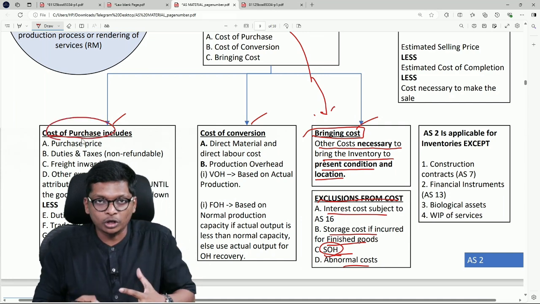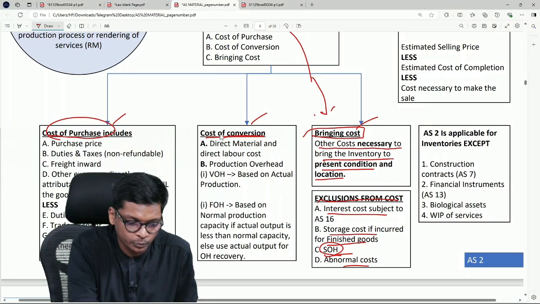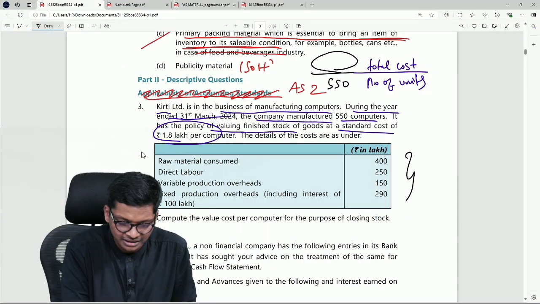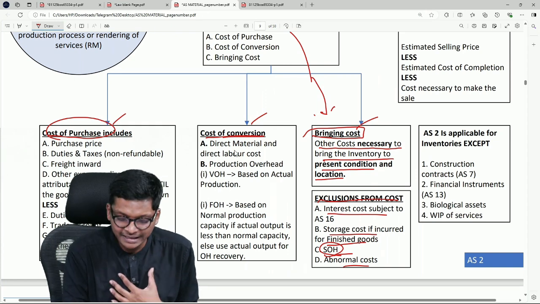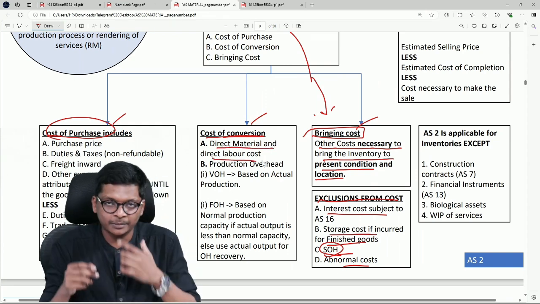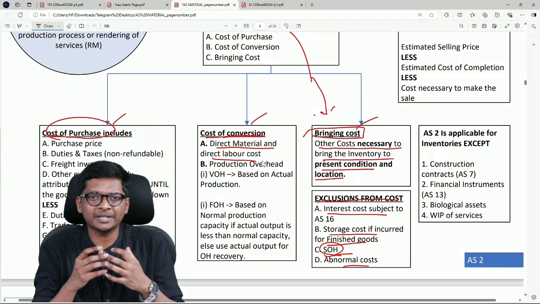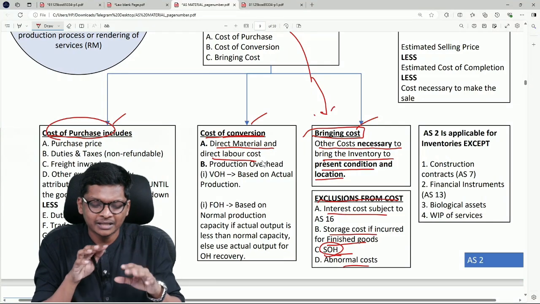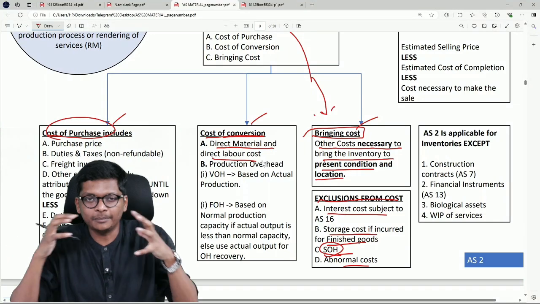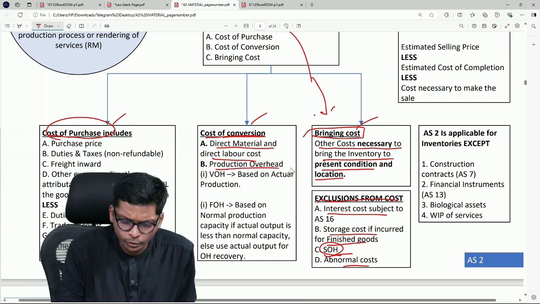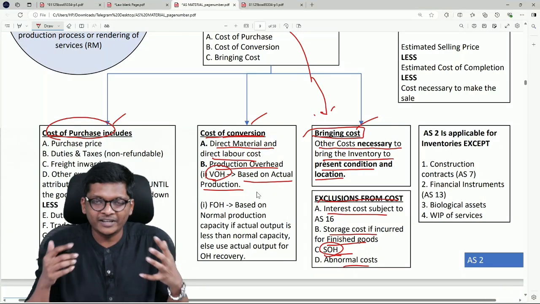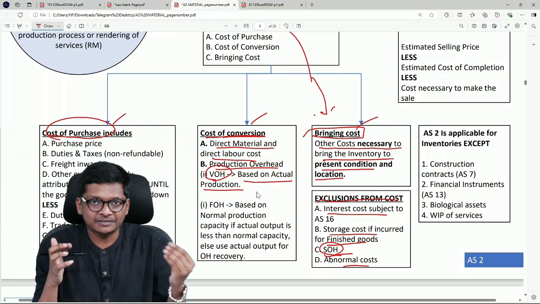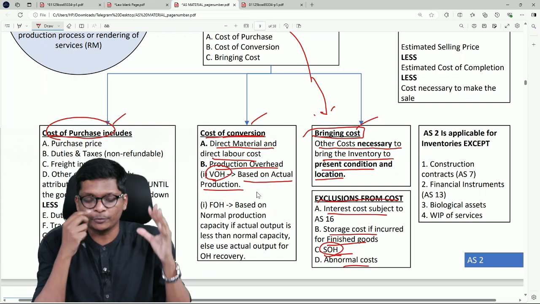Here they are talking about conversion cost. For conversion cost, you will take all direct material and direct labor. For a computer, direct material is the parts of the computer, keyboard if any, and labor to assemble that. Production overhead, variable overhead we will take based on actual production: electricity needed for manufacturing computers, spare parts, parts of the computer.